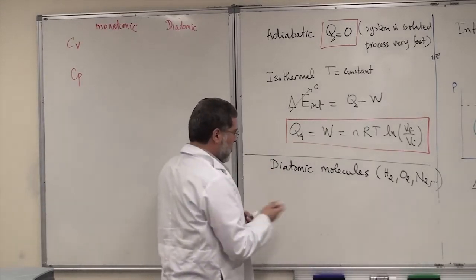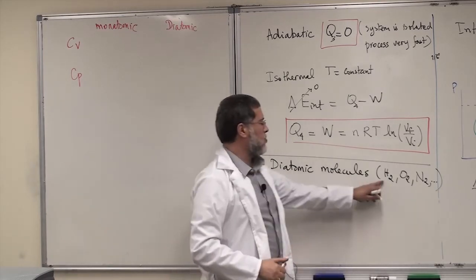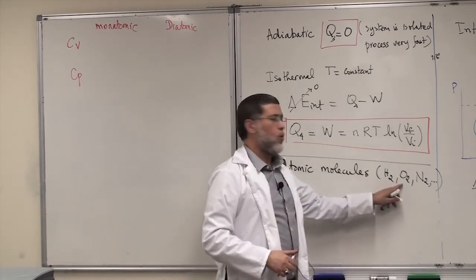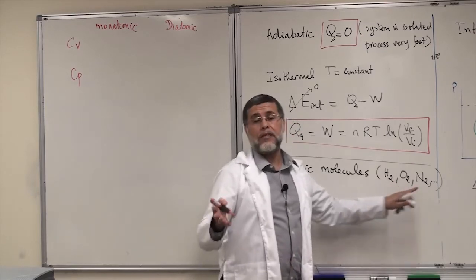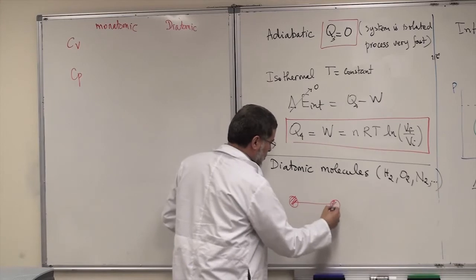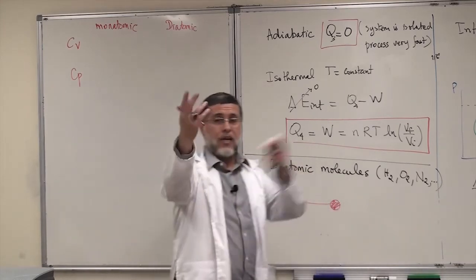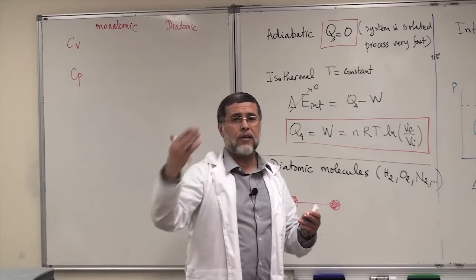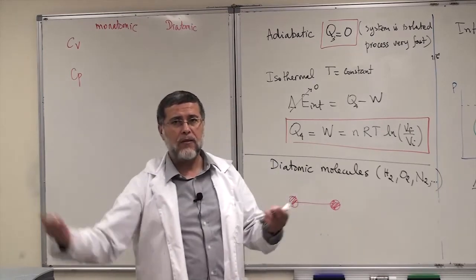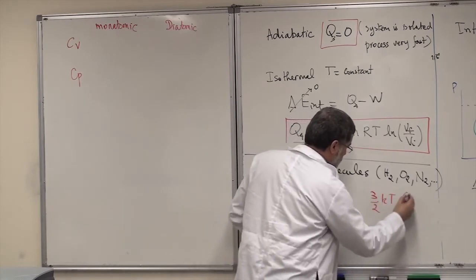Examples will be hydrogen H2, O2, N2, okay? You have two atoms connected to each other like this, and this molecule can translate in three dimensions. So you have half kT, and half kT, and half kT. That's 3 over 2 kT. This is for translation.